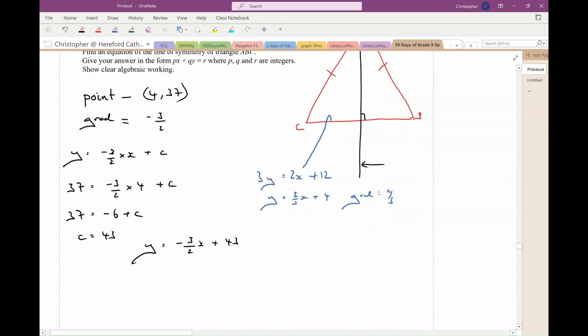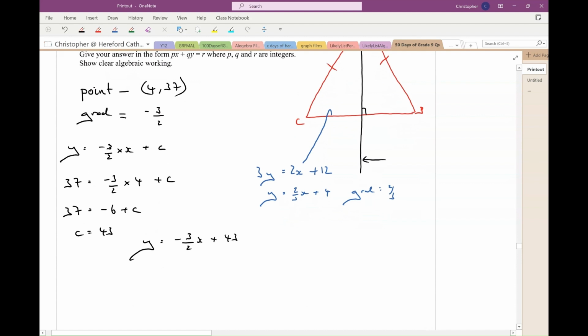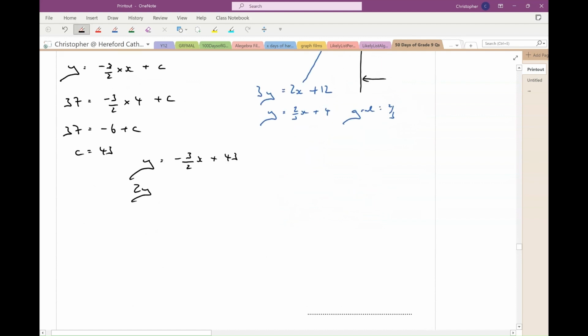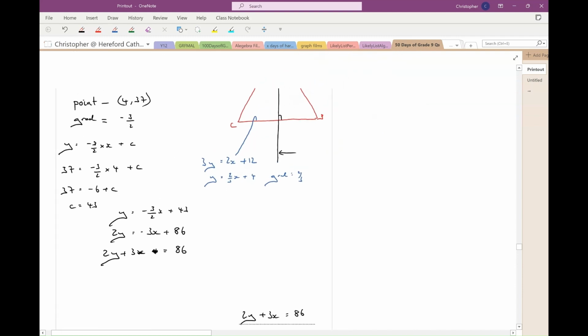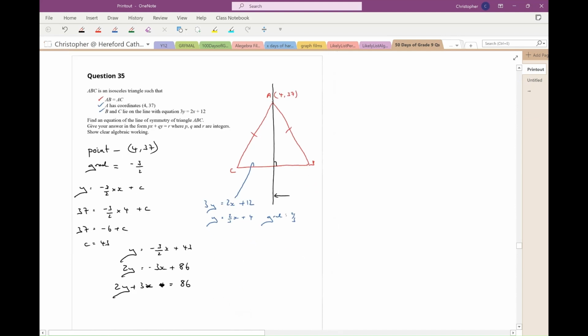But I have a feeling, yes, look, it wants it in the form px plus qy equals r. So let's multiply everything by 2. Gives me 2y equals minus 3x plus 86. And now let's add 3x to both sides. So 2y plus 3x equals 86. So my answer is that 2y plus 3x equals 86 is the equation of the line of symmetry. And that is question 35 finished.